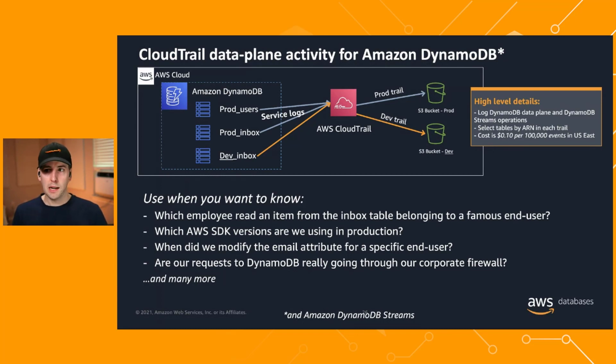We've seen this many times, and so there's a feature of CloudTrail that whenever you turn it on, for data plane you can choose whether to do read activities or write activities, and then you can choose what the table ARN is.